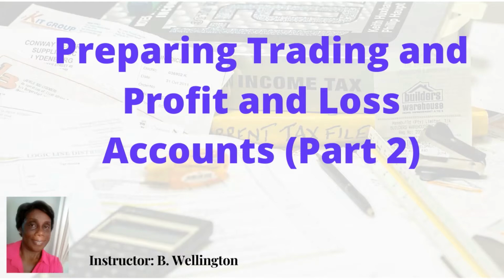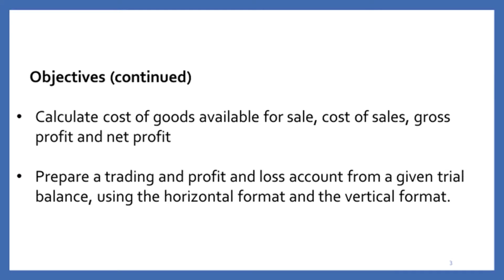This is the second of a two-part video in which you will learn how to prepare the trading and profit and loss account at the end of an accounting period. I hope you have your pen and paper ready. By the end of this class, you will be able to calculate the cost of goods available for sale, the cost of sales, gross profit, and net profit.